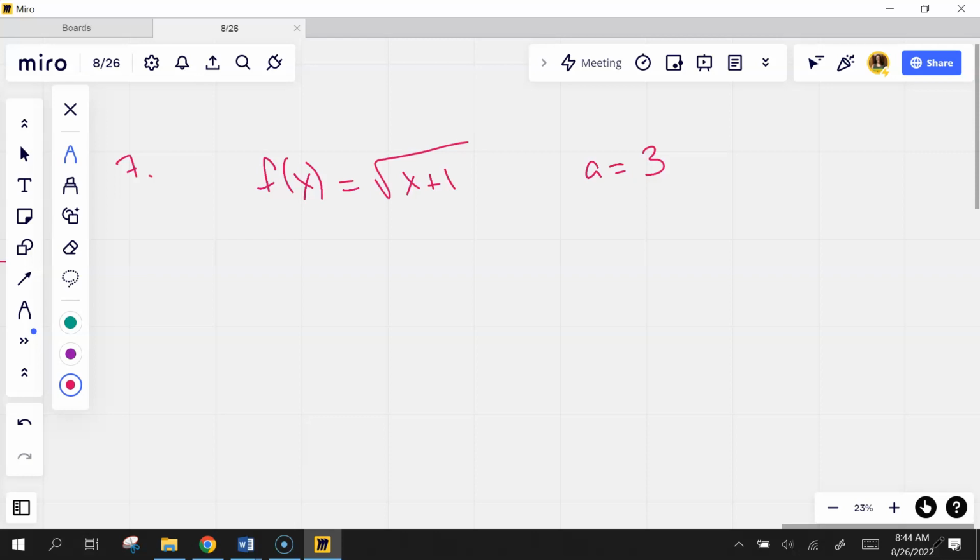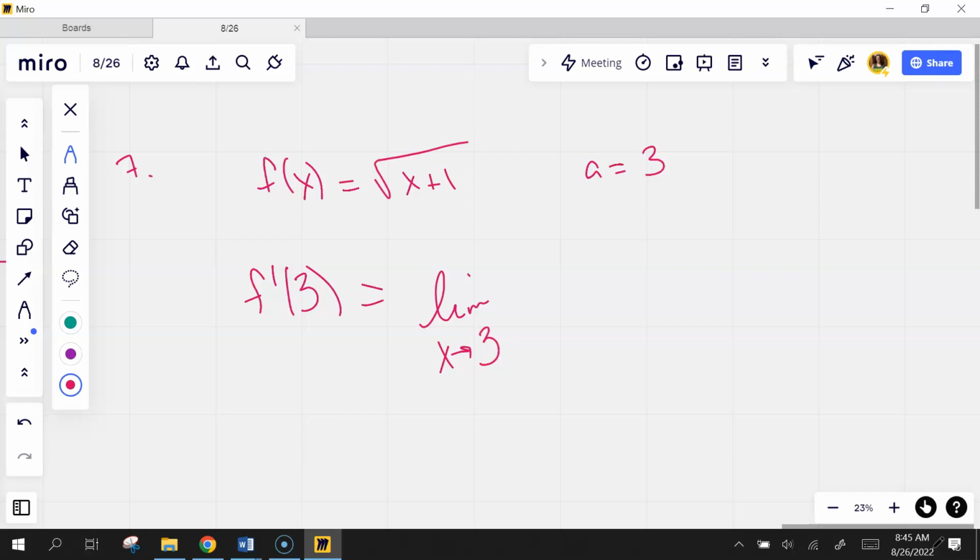Use the alternate formula to find the derivative at a. So this time I'm doing the limit as x goes to 3. Remember, before I've been doing h to 0, right? Now I'm not talking about that difference between my x's.